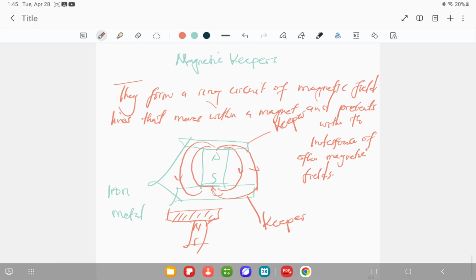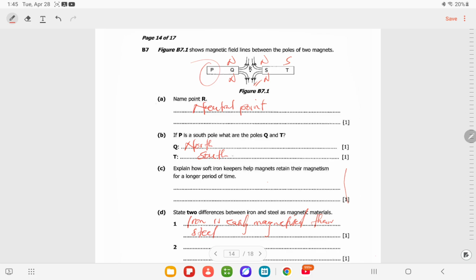Then the opposite: steel is not easily magnetized than iron.